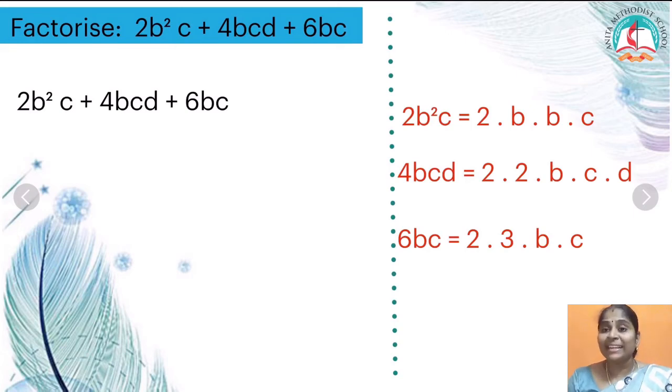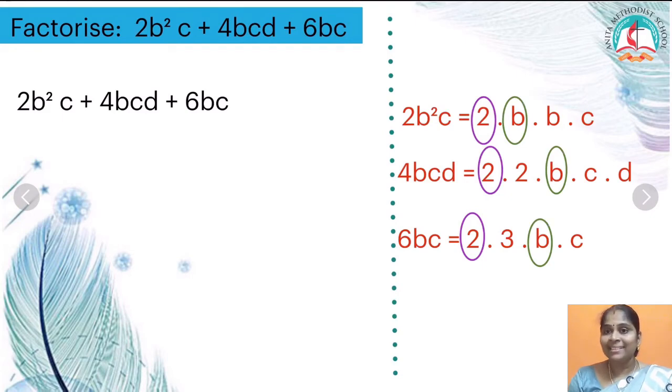Which factor is common for these 3 terms? 2 is common, and yes children, b is common, and yes, very good children, c is common. So 2bc is common for 3 terms. So I am going to write 2bc as common.